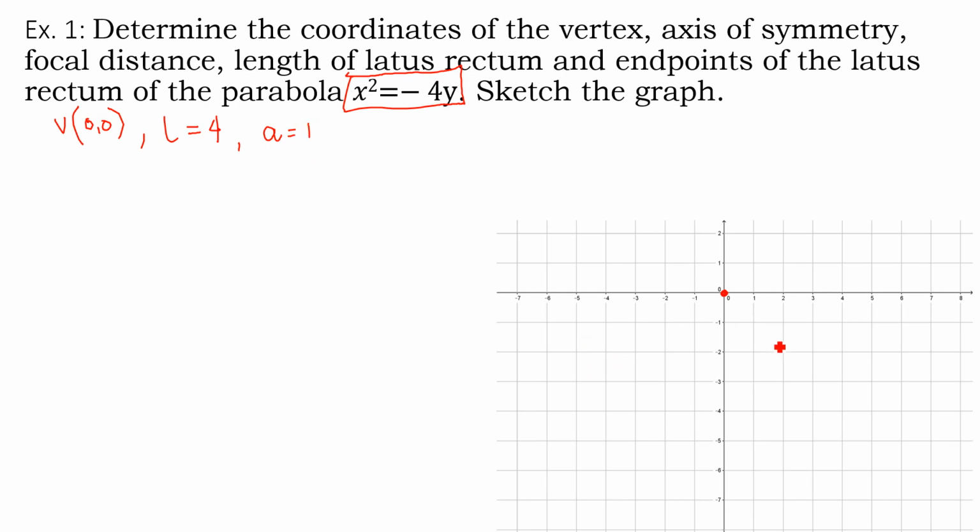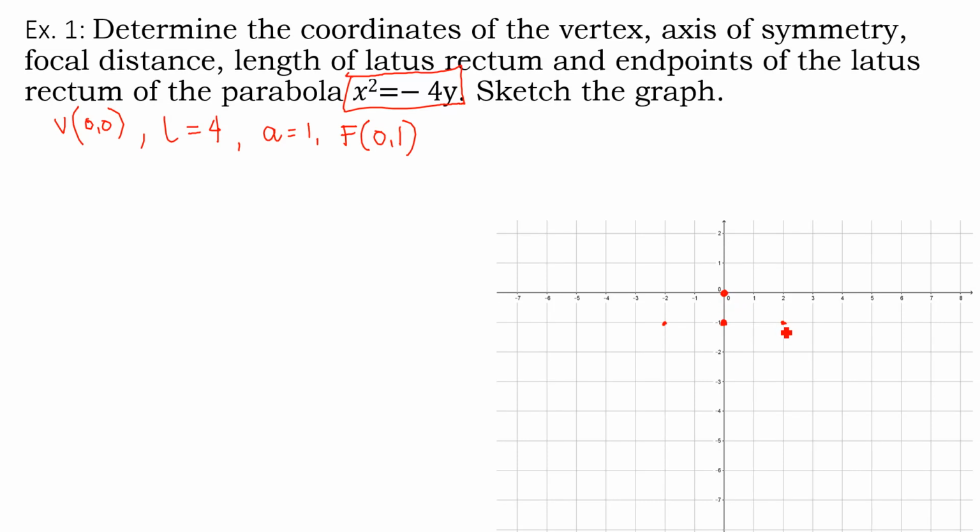So in other words, this would be the focus, and the focus has the coordinates of 0, 1. And then, since the length of the latus rectum is 4, from the focus we can count 2 units to the left, 1, 2, and 2 units to the right, 1, 2. Therefore, the graph of the parabola passes through these points.